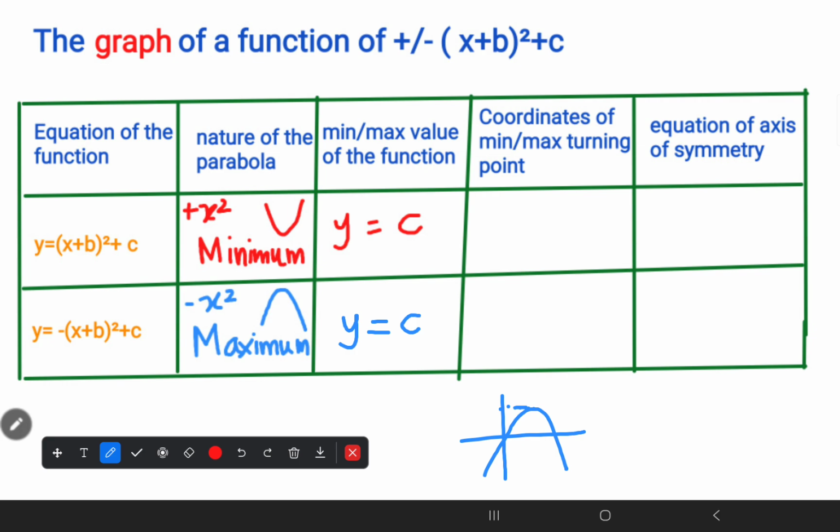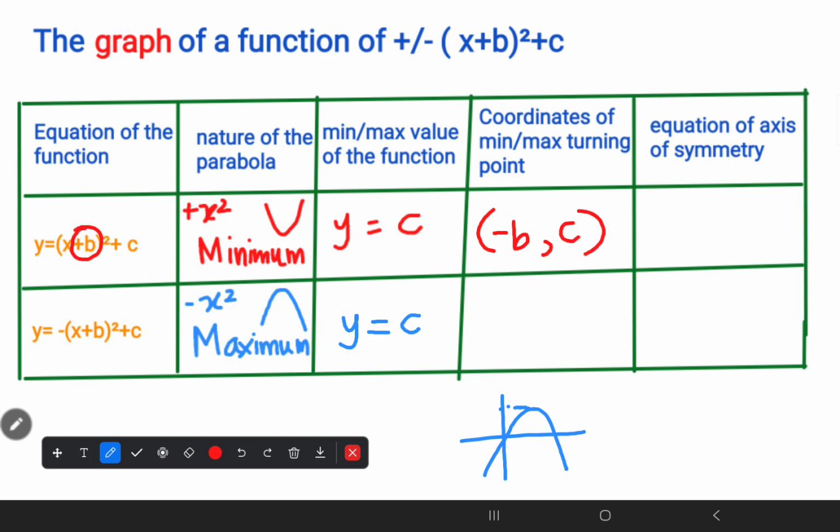How do we find the coordinates? Here you are having (x plus b) whole square. You need to take the negative of this value. X plus a particular number. For example, (x plus 1) whole square means the coordinate would be negative of that number, comma c. Look at this here.